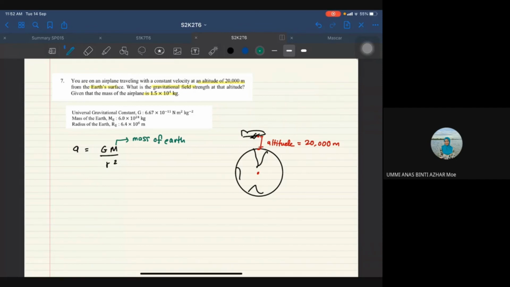Okay, and this one pula, distance from where to where? R tu jarak daripada mana ke mana? Adakah daripada jarak altitude je? Radius tu tambah dengan altitude tu ke? Okay, good, very good. So this one actually from center to center, remember center to center. So it will be center of the earth towards the center of the aeroplane.